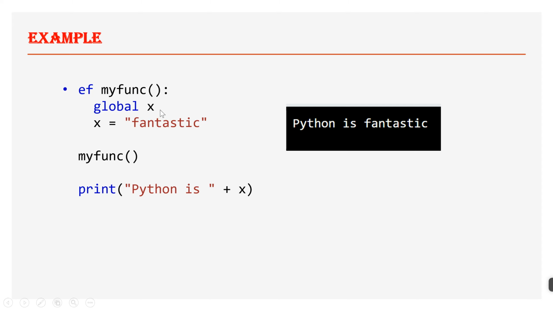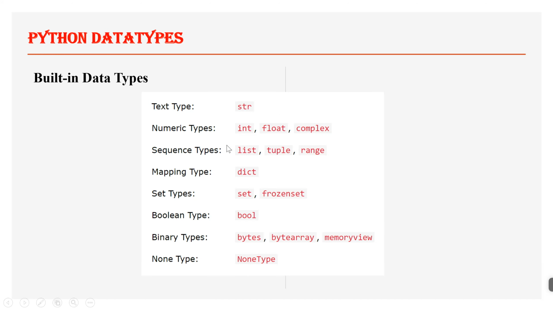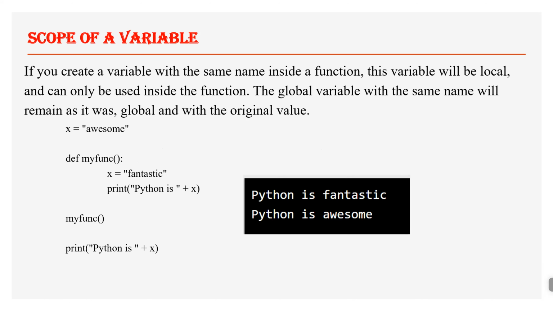What is the difference? I am defining x as a global variable. If that is the case, then anywhere I use it, it will hold the same value. In the previous example, see, I have defined a value outside, but I didn't mention anywhere that it is global. So since there are two values given to x inside the function, this value will be taken. But suppose if I mention specifically global inside a function, it will hold its value throughout.